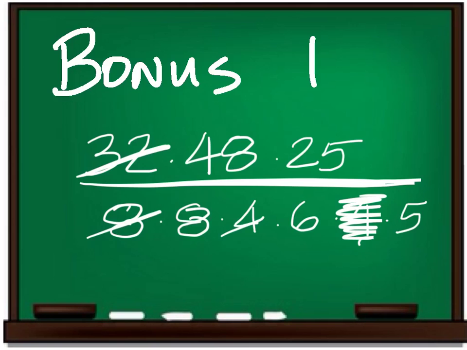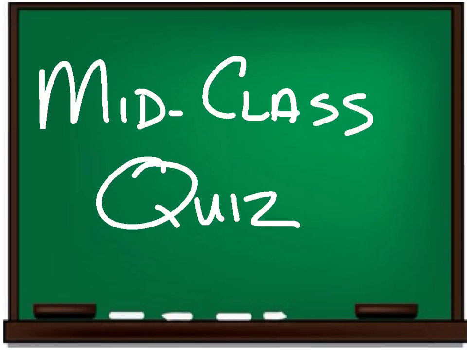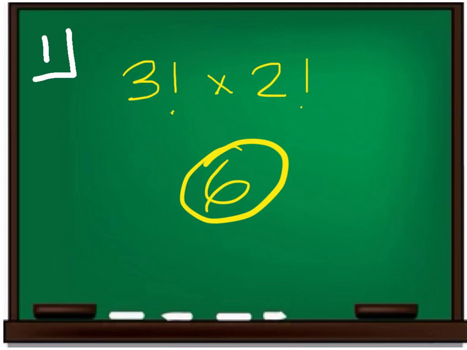8 and 4 cancels with 32, and 8 and 6 cancels with 48. 25 over 5 is 5. Answer on this one should be 6.